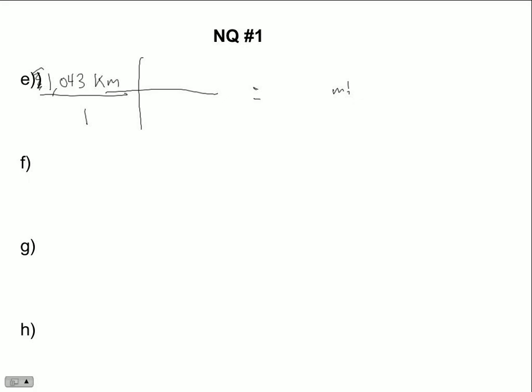In every 1 kilometer, we have 0.62137 miles. So we're going to multiply, and we are going to get 648.1 miles. Common conversion factor you often see when coming from Canada or Europe to the United States.